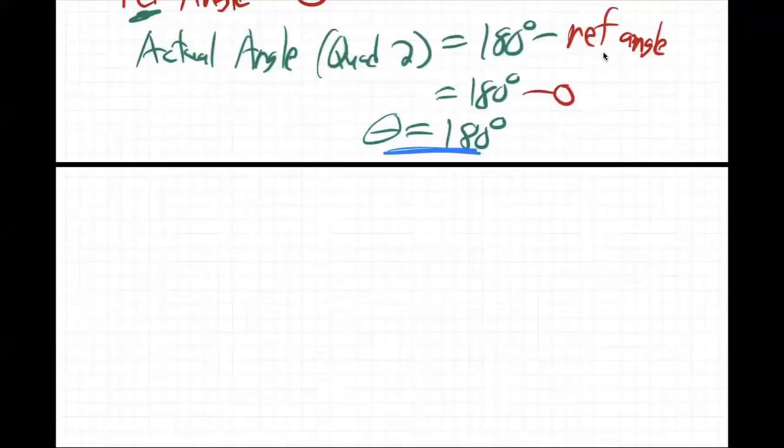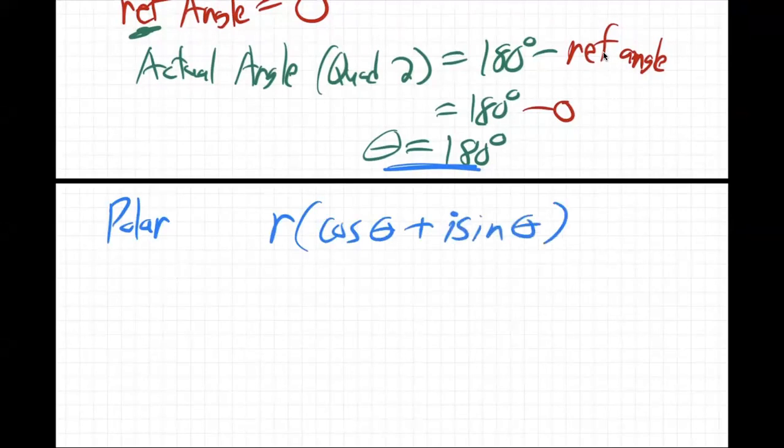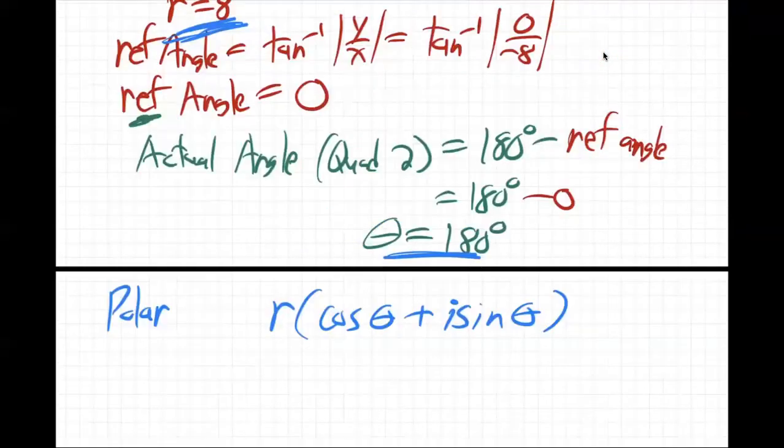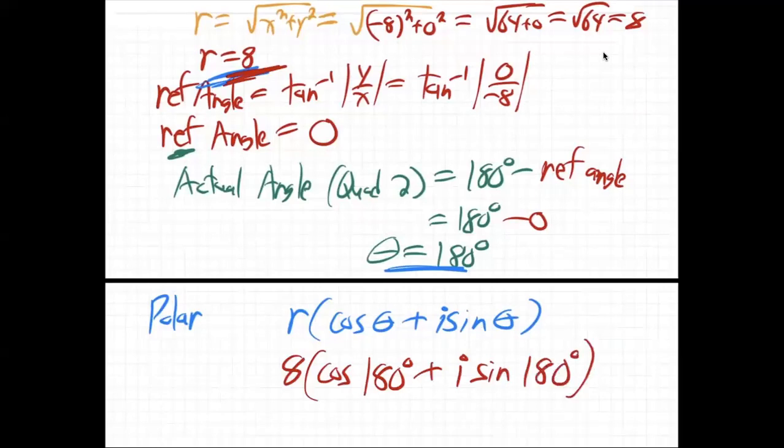So the polar form, z equals, or you don't need the z, r cos theta plus i sine theta. So the r is 8. Right here. 8 cosine 180 plus i sine 180.